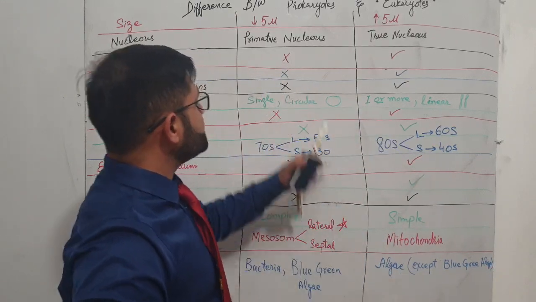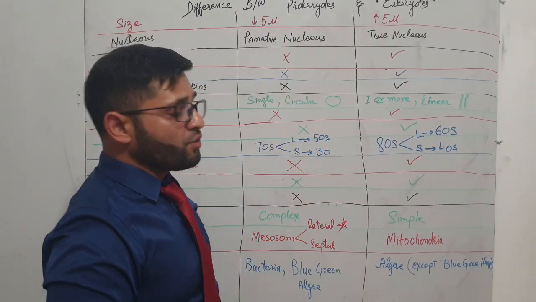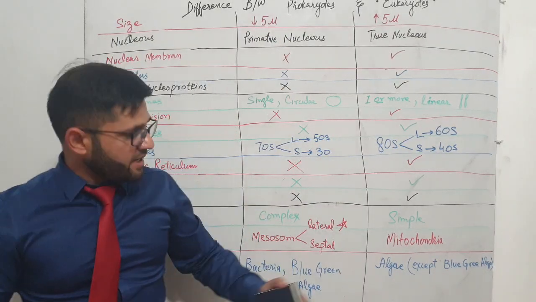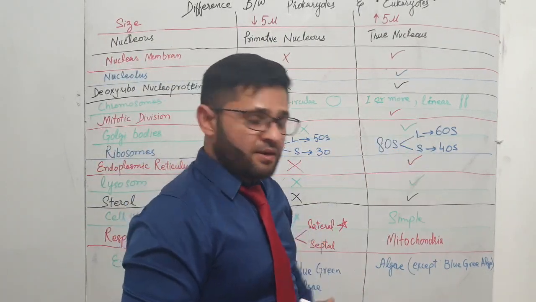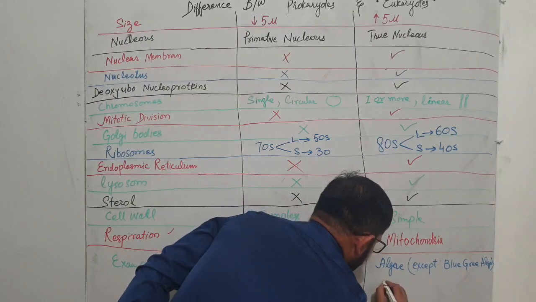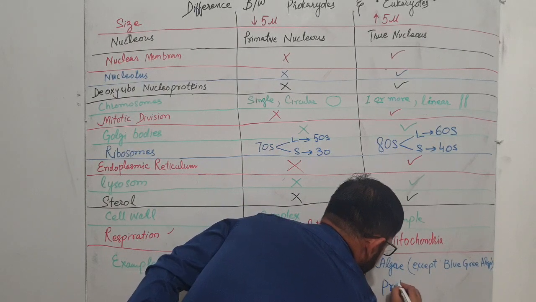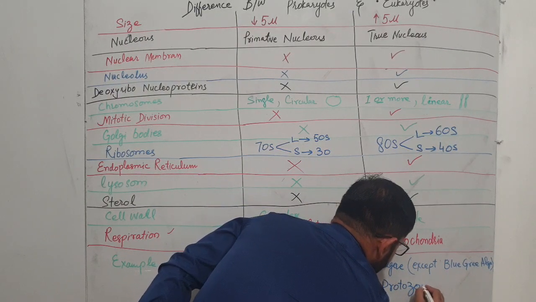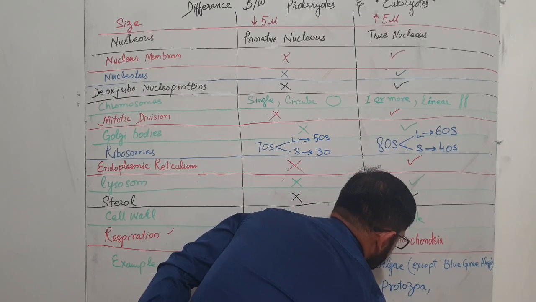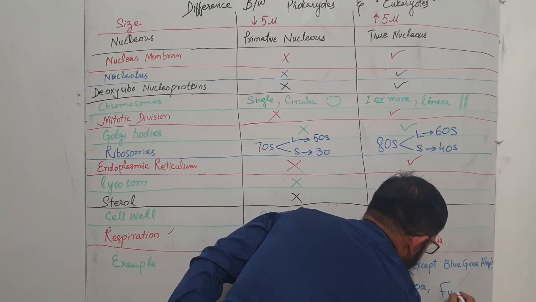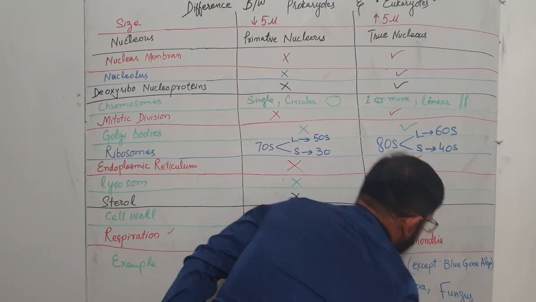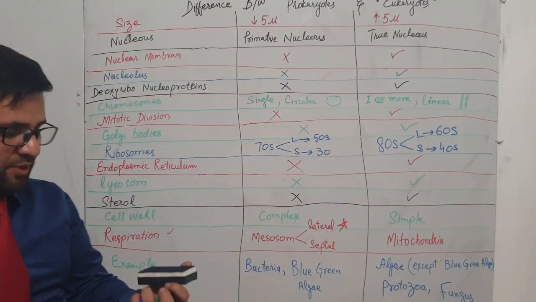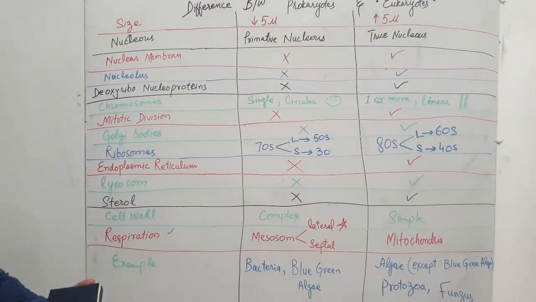Only blue-green algae is an example of prokaryote. The rest of the other algae come in the eukaryotic organisms. Protozoa, fungus, etc. These are the examples of prokaryotes and eukaryotes.